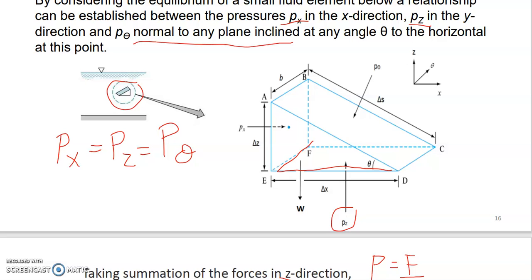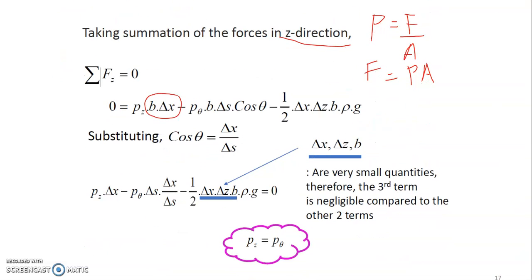So here we have P naught. The area of P naught is b times delta s. So here b times delta s and cos theta. This is simple trigonometry. And then we have weight.